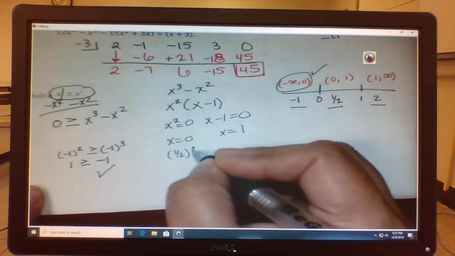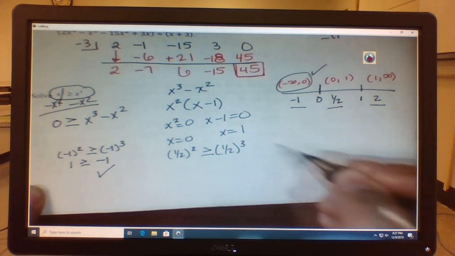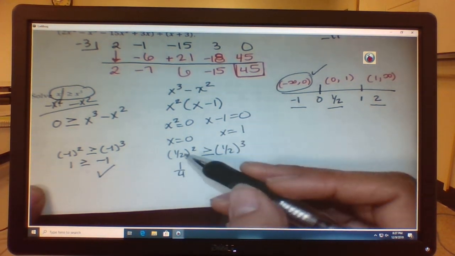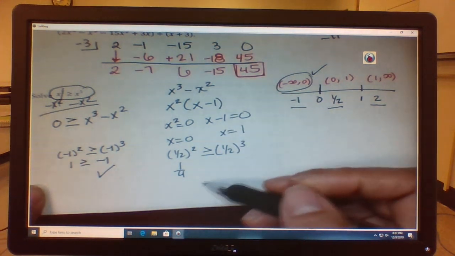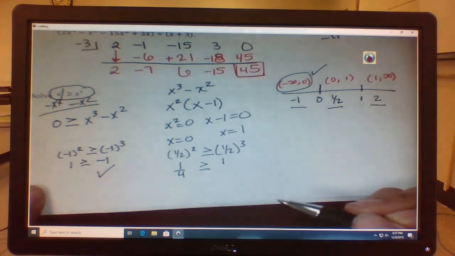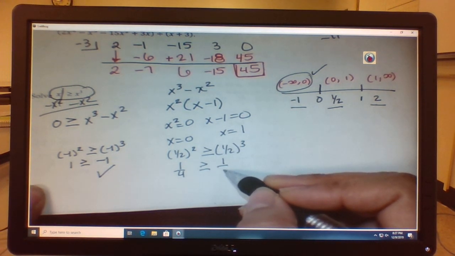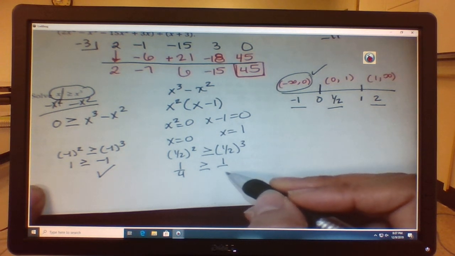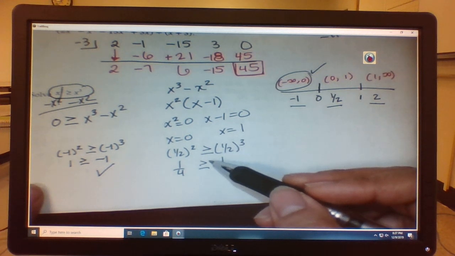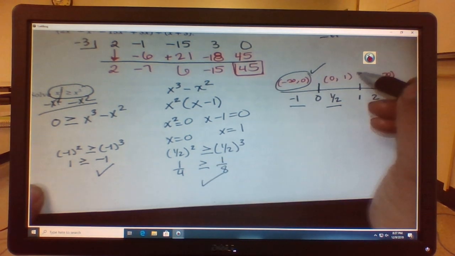Half squared is greater than or equal to half to the third. Half squared means 1/4, because 1 squared over 2 squared, should be greater than 1 cubed over 2 cubed. And what's 2 cubed? 8. Is 1/4 bigger than or equal to 1/8? That is true, so this works also.